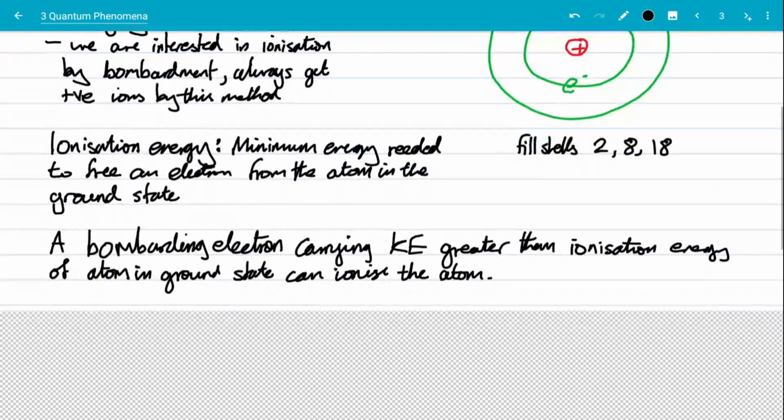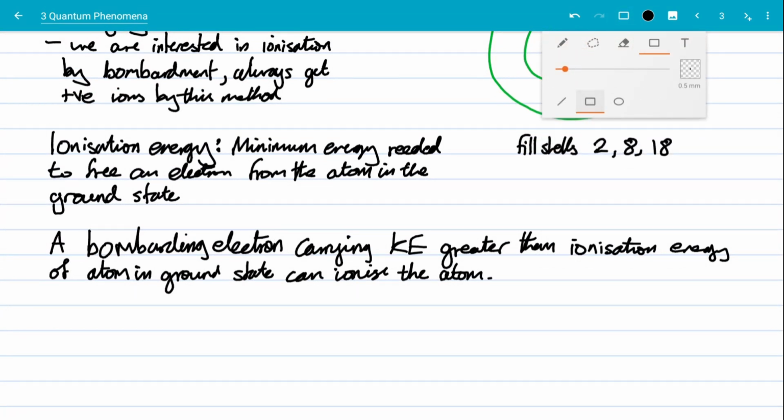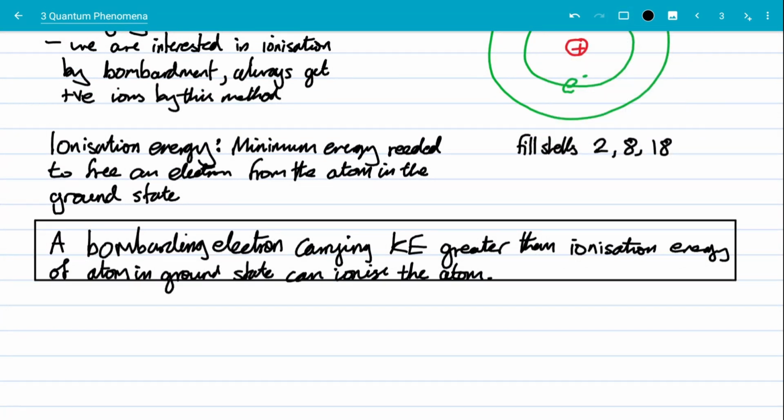Just like that. And there we are. That's the important bit of physics right there. Let's draw a little box around it.